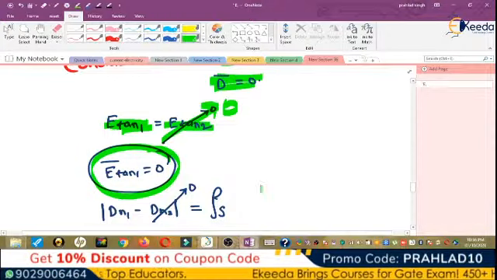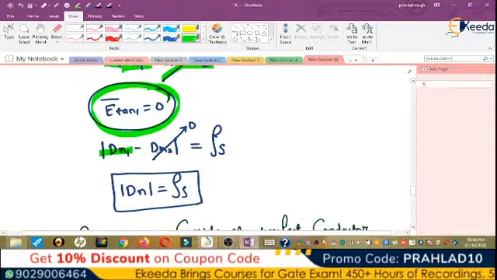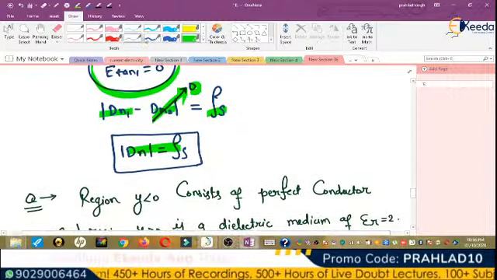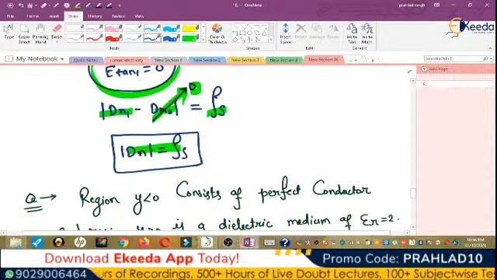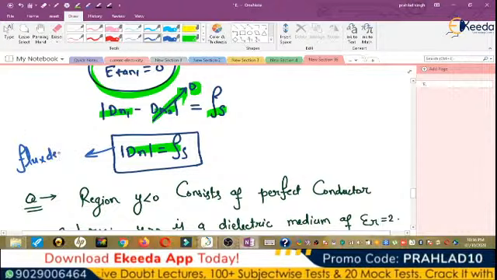So Etan1 will also be equal to 0. Similarly, mod of Dn1 minus Dn2 is equal to rho s. So Dn2 is equal to 0. So mod of Dn is equal to rho s. Dn is the normal component of the flux density.